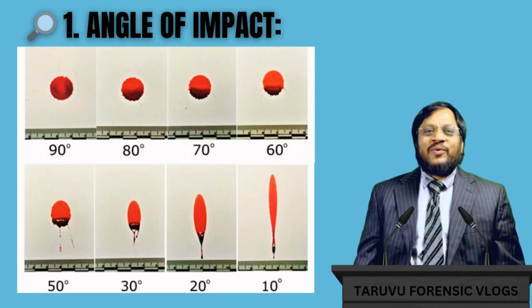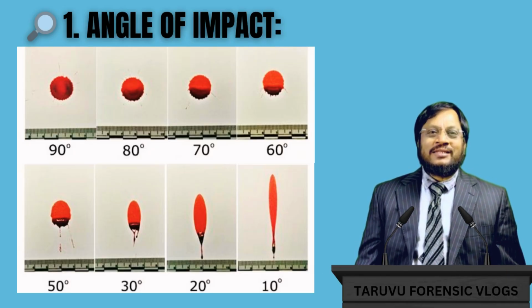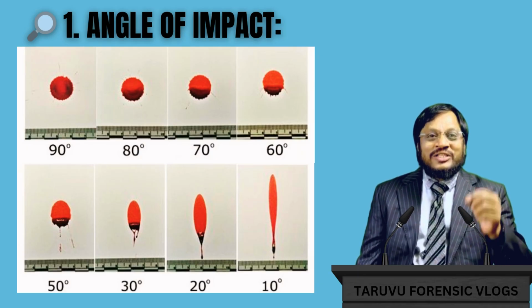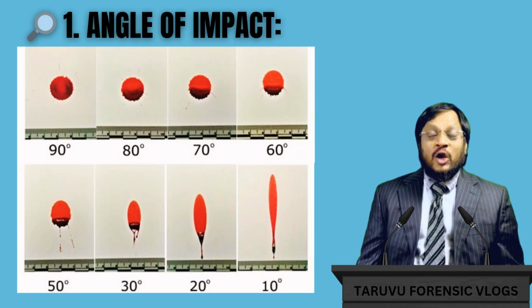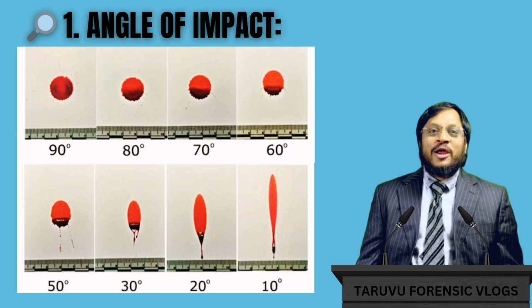Key aspects of blood spatter analysis. Angle of impact. The shape of a blood droplet changes depending on the angle at which it hits a surface. A perfectly round drop suggests a 90-degree impact, while an elongated stain indicates a sharper angle.